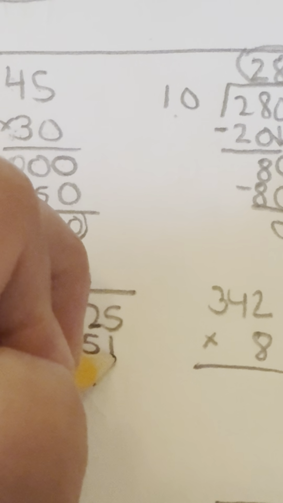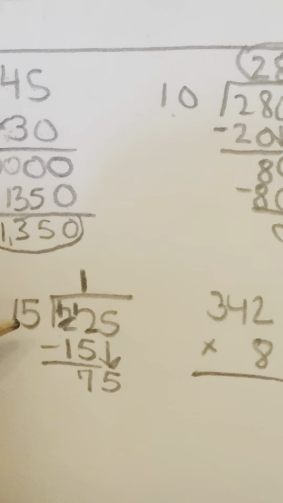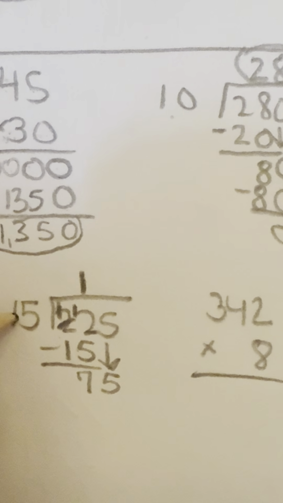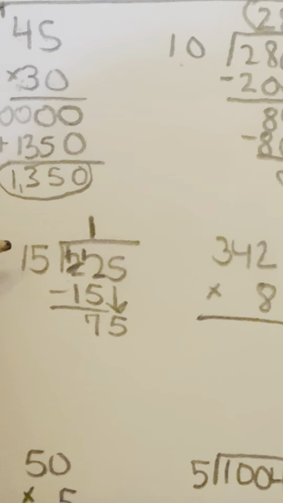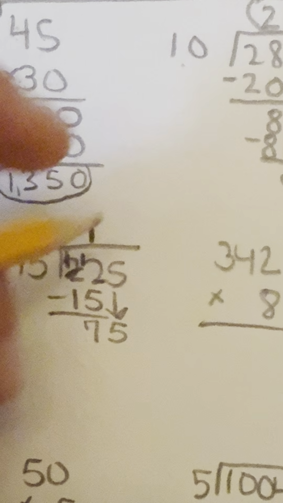Now we're going to take that 5, bring it down to its line here, and start all over again. 15 can go into 75 how many times? If you're trying to figure that out, think about some basic math. 15 times 2 would be 30 because it's 15 and 15. If I did another set of that, there'd be 4 sets, you'd have 30 and 30, which would be 60.